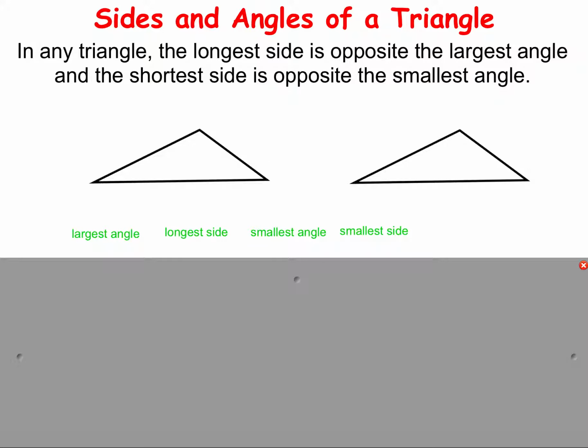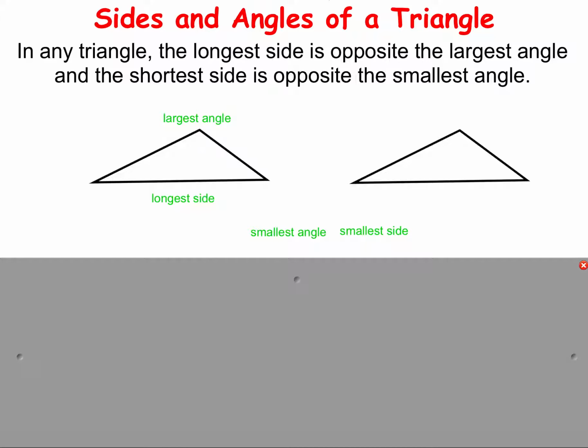If you're looking at this triangle right here, which side is the longest side? Well, it's really easy to see that this side right here is the longest side, okay? And what this rule is basically saying is that the longest side of any triangle is always going to be across from the largest angle.